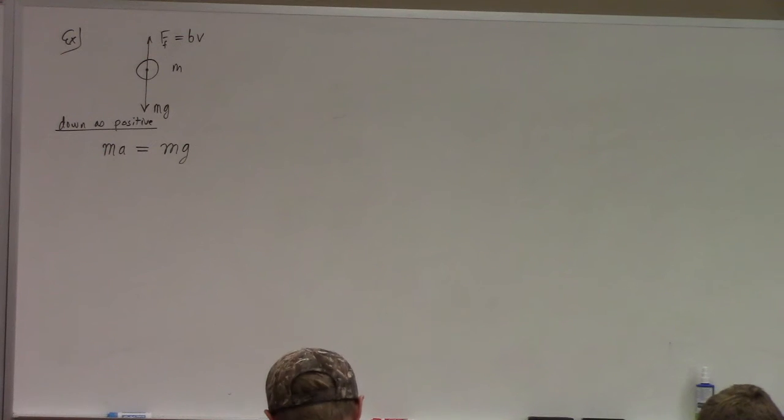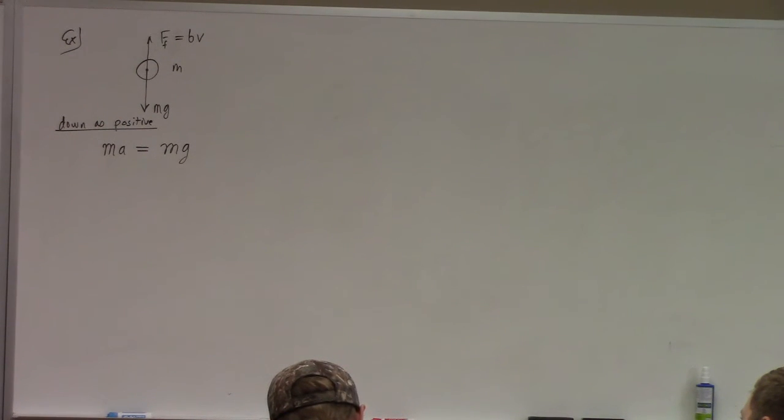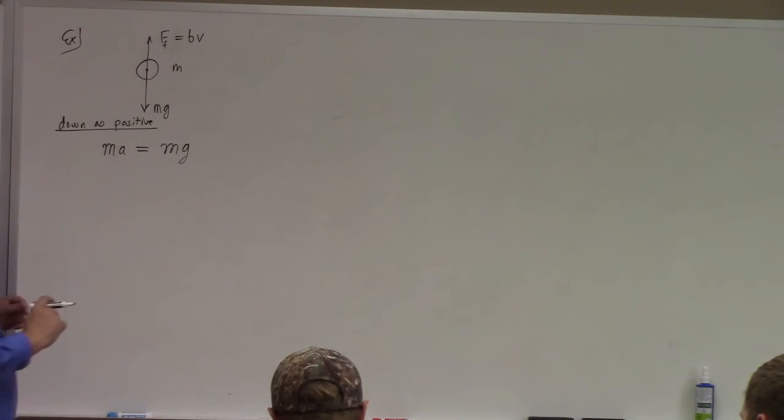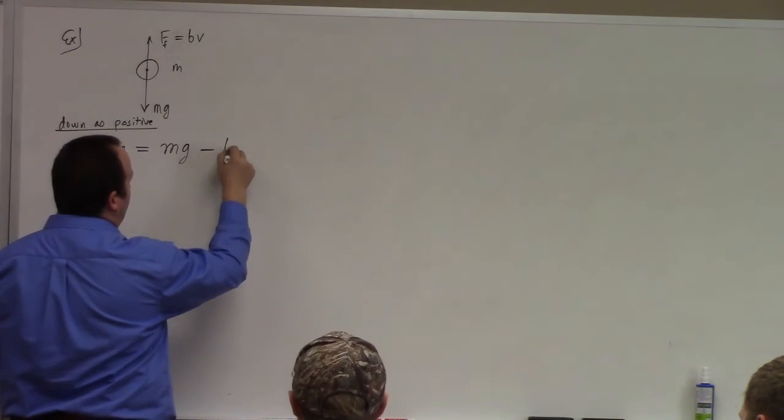Dr. Skambordis was singing the virtues of problem 24. Problem 24 is the same thing except with v squared instead of v, about a parachutist. But we'll stick with v here. So minus bv.